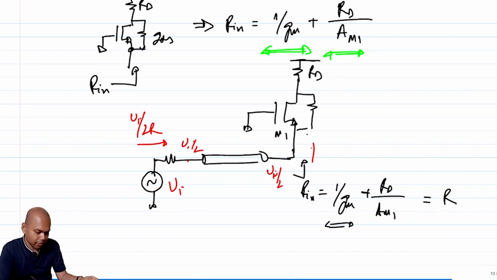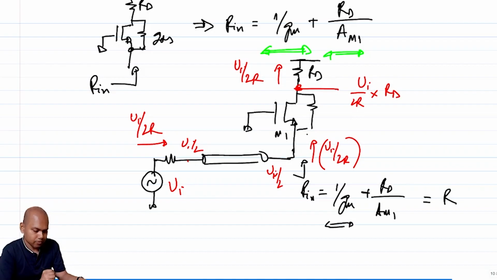So this Vi by 2R current is going to flow in, and it is going to flow out through Rd also, and it is going to create a voltage at the output which is Vi by 2R times Rd, right?